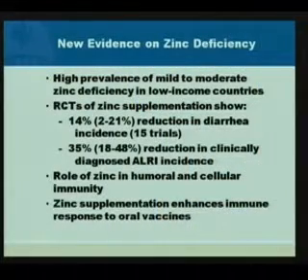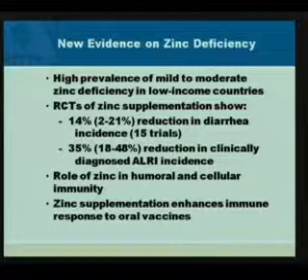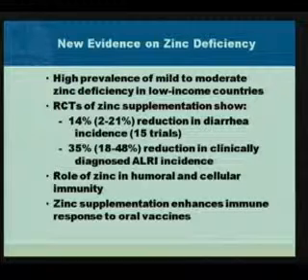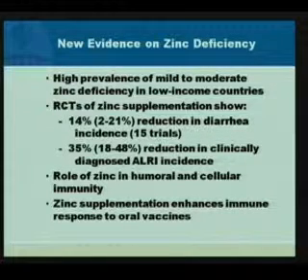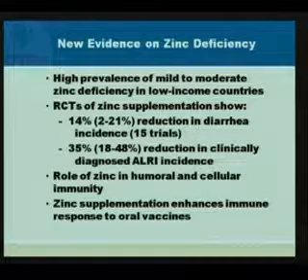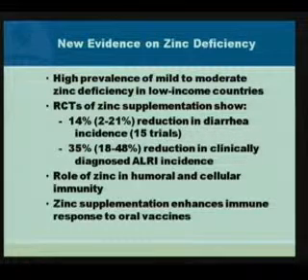So with the recognition of a high prevalence of zinc deficiency, there have been many trials, clinical trials, field trials, that show that collectively there is a 14% reduction in diarrhea incidence in zinc supplemented versus placebo supplemented children, and a 35% reduction in clinically diagnosed acute lower respiratory infection incidence. We have some clues again about the mechanisms, but zinc deficiency affects virtually every arm and every aspect of the immune system. So trying to pin down which ones are most important still is work remaining to be done.